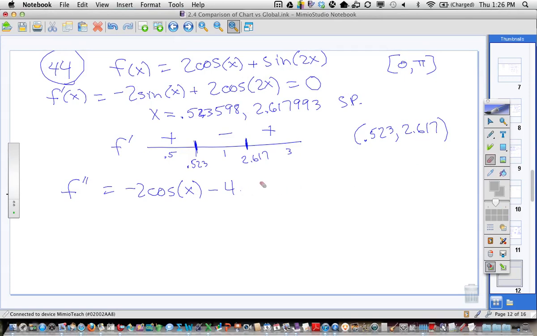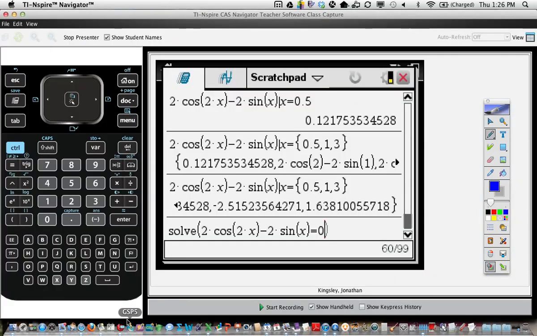It's negative sine 2x. So we have to kick out the 2 again, and the derivative of cosine is negative sine. Okay, and then equals 0. All right? So there we go.